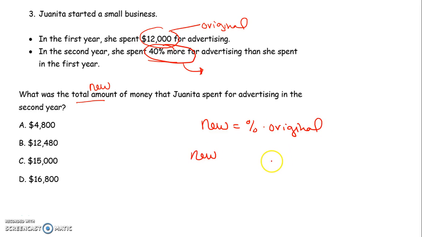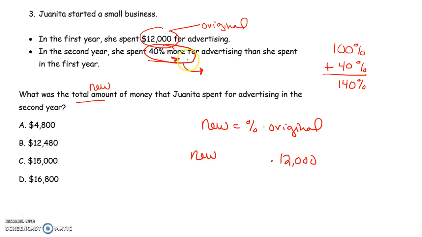We know originally that first year she spent $12,000, but here's the deal. She spent 40% more that second year. Well, originally that $12,000, that was 100%. Now she's spending 40% more than that. 40% more. She's now spending 140%.